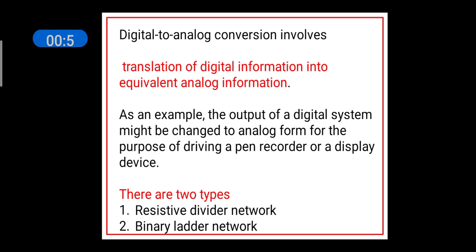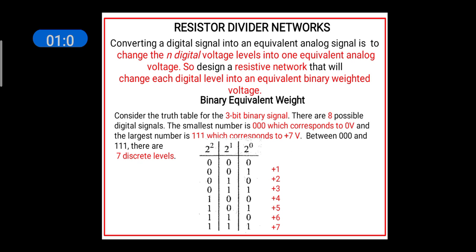There are two types of digital to analog converters: resistive divider network and binary ladder network. In this class, you will see the function of the resistor divider network. Now, converting a digital signal into an equivalent analog signal is to change the n digital voltage levels into one equivalent analog voltage.